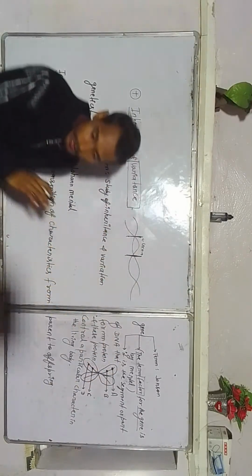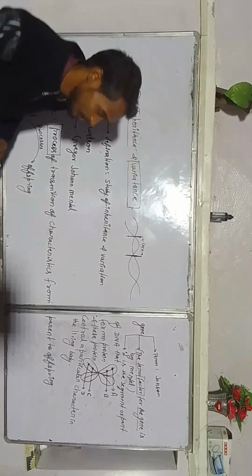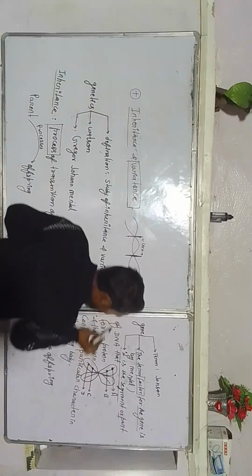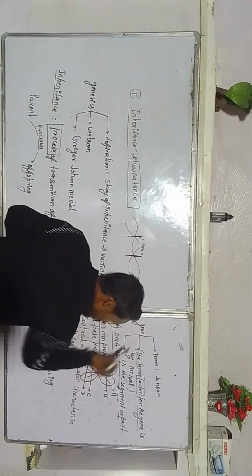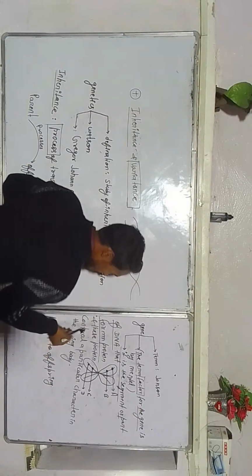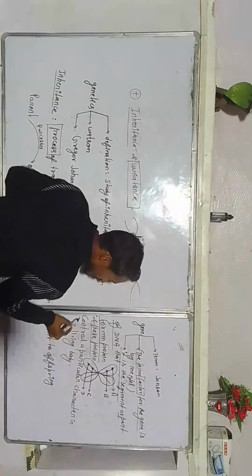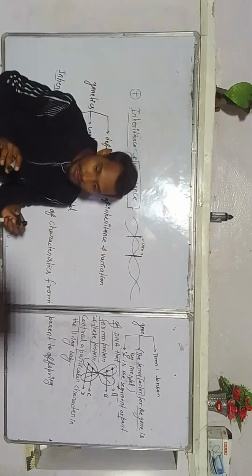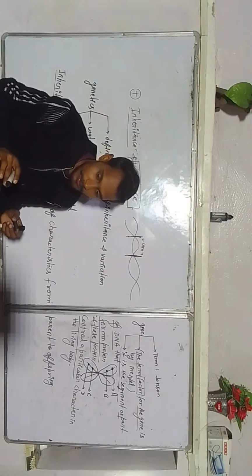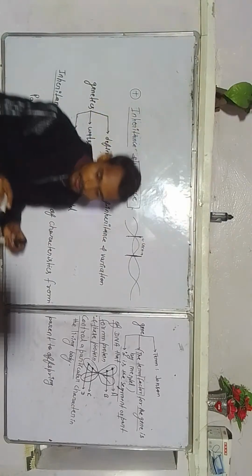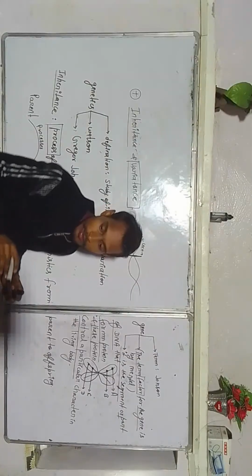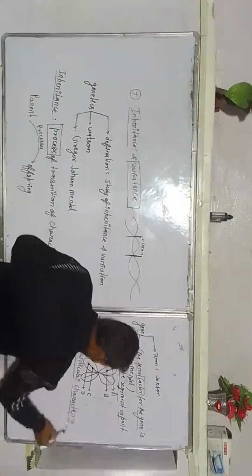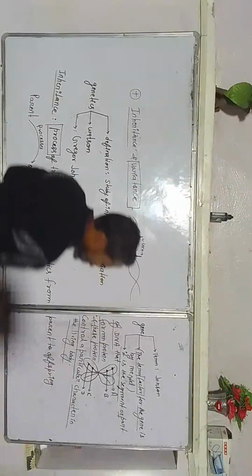You got it? Very good. So it's a segment, a part of DNA that forms protein, and this protein controls a particular character in the living body.